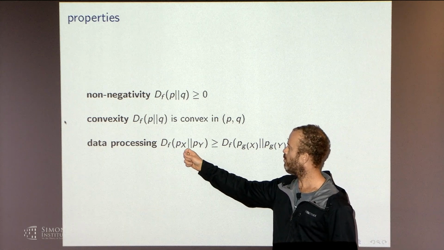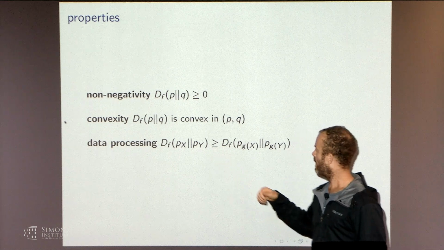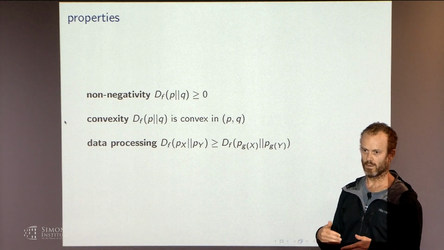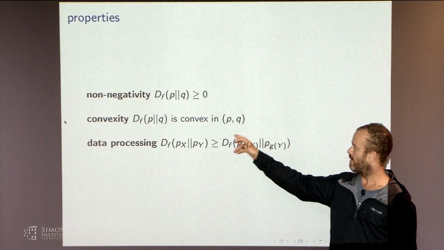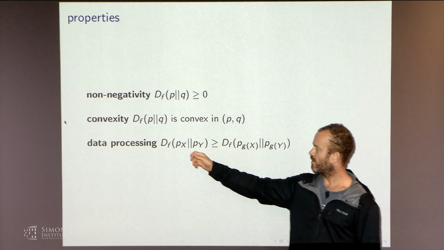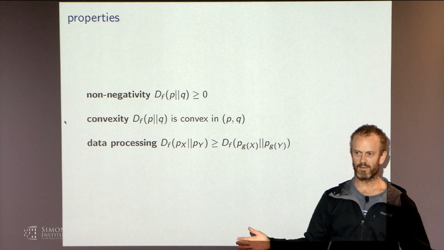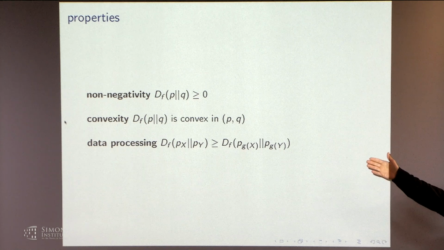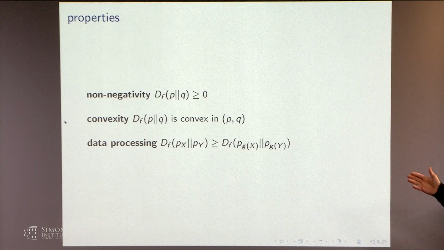If there are 2 distributions over the same space, x and y, and then we apply g, some function on this space, so we get g of x and g of y, the distance of this is smaller than the distance of this. We process the data, the distance can only shrink. For mutual information, this is called the data processing inequality, which is maybe more well known, but this is always true in this generality.